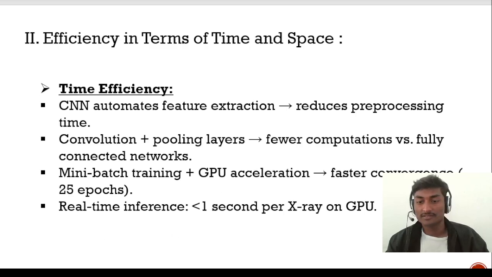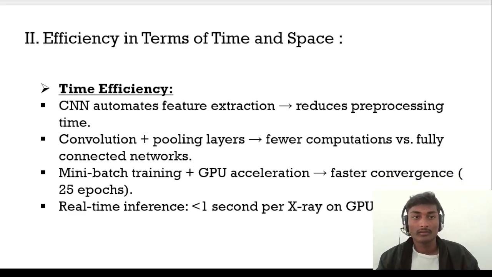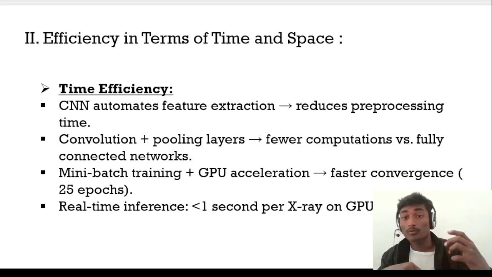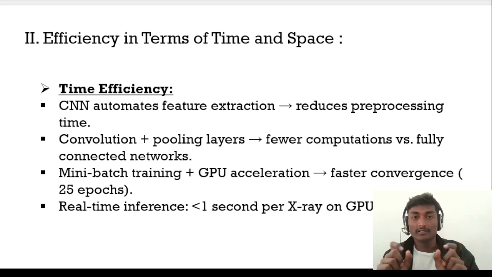Efficiency in terms of time and space. Time efficiency: CNN automates the feature extraction. The main helpful feature is that it will extract each feature from the images, like bone tilting or fractures. It will reduce the pre-processing time.